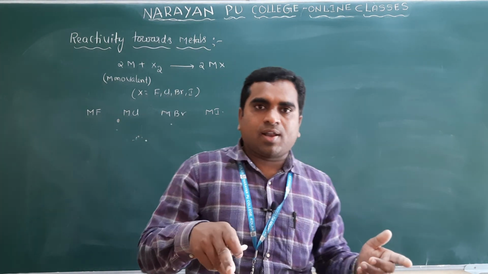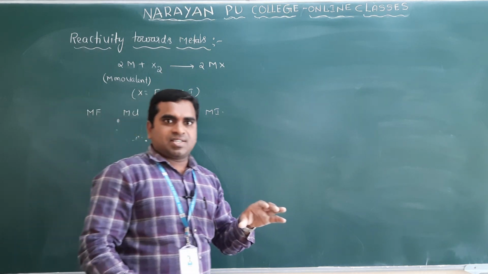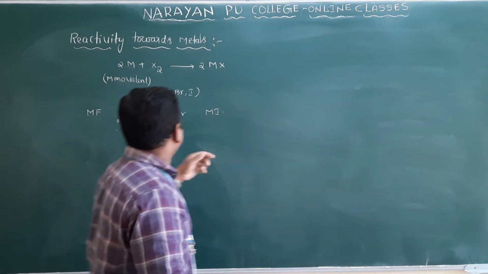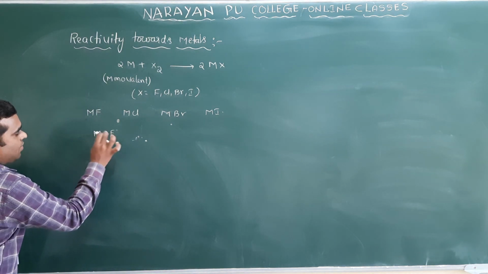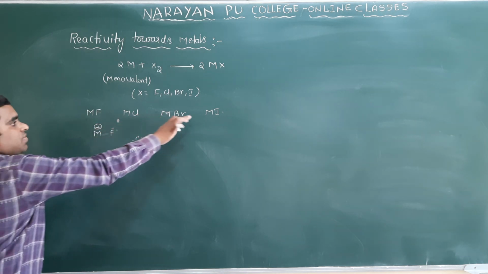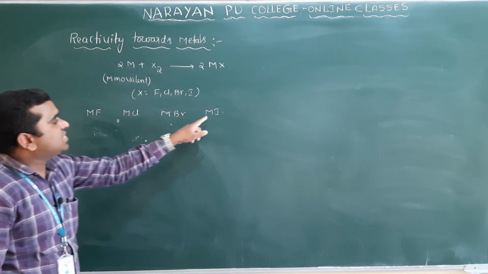But for ionic character, it is reverse: the cation should be large and the anion should be small. If the M-F bond breaks, fluorine gets negative and metal gets positive. Metal is the same in all cases.